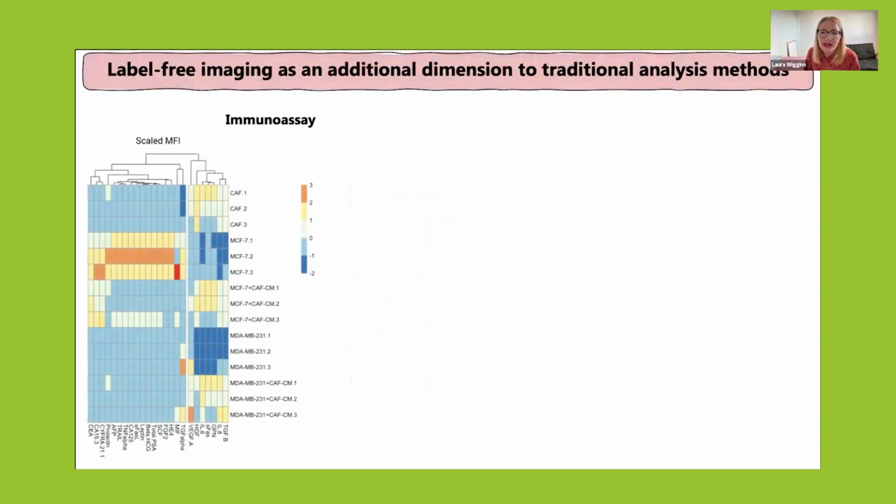So we wanted to check, can we actually correlate our findings from imaging with different technologies to see if we can gain more information from what we found with imaging. So we performed a multiplex immunoassay to check what was actually in the CAF conditioned media that could be inducing what we think is evidence of epithelial to mesenchymal transition within the cancer cells.